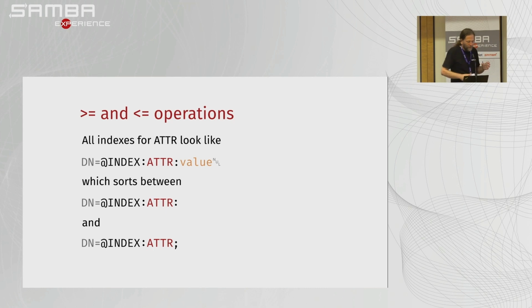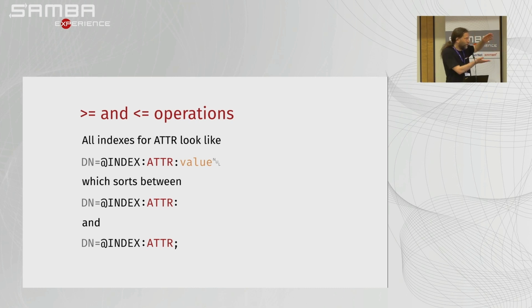We use the hack, or we use the fact that everything in an index that has an attribute with any value is going to sort alphabetically between the DN ending in a colon with no value at the end, and the DN with a semicolon at the end.